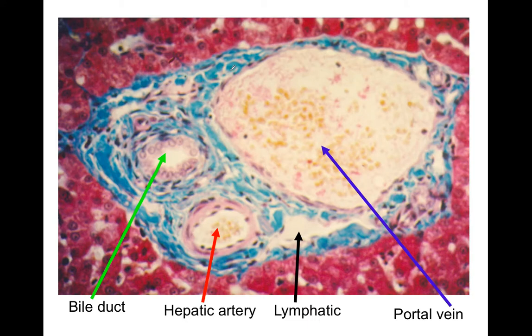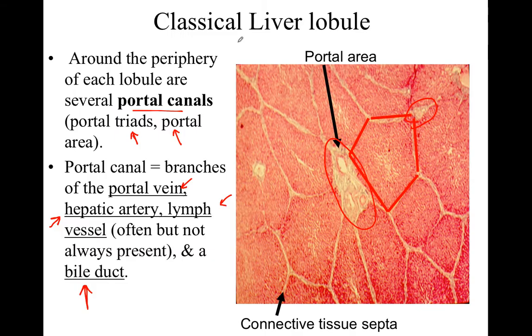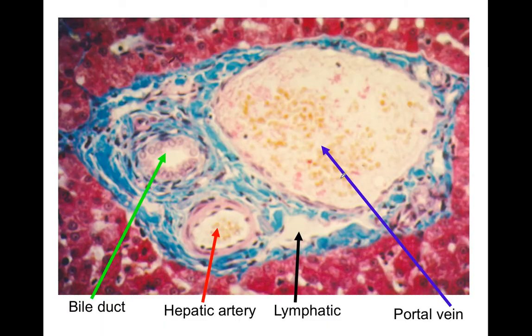If we increase the magnification for this area here, we can see here, this is the vein. See here, this is the wall, the tunica intima with the tunica adventitia. Here we have the artery. We have the tunica intima, media, adventitia from outside, and we can see here, this is the lymphatic vessel. But look here, you can see the epithelium is simple cuboidal epithelium.